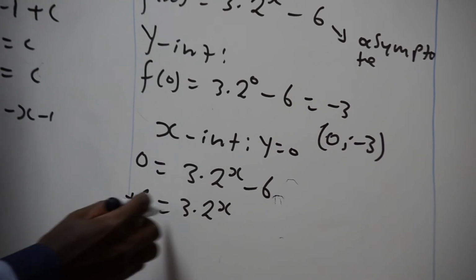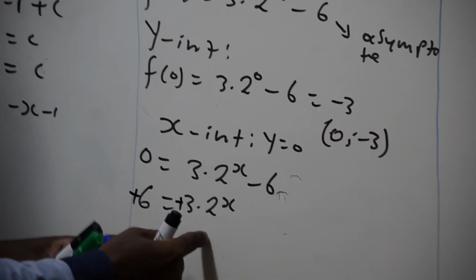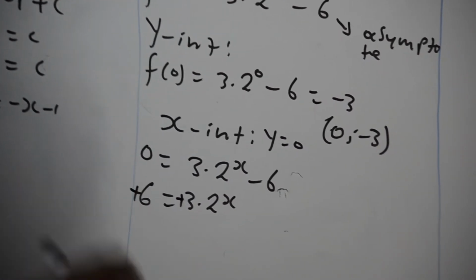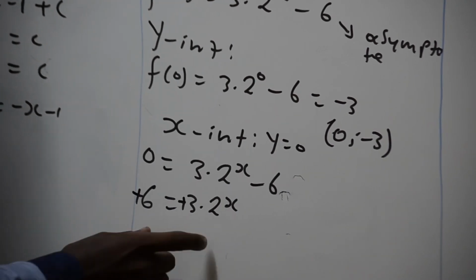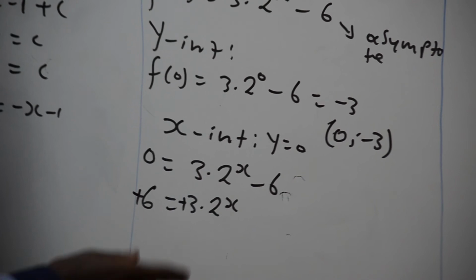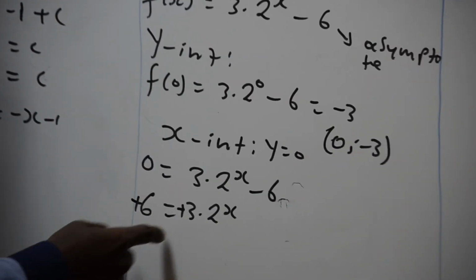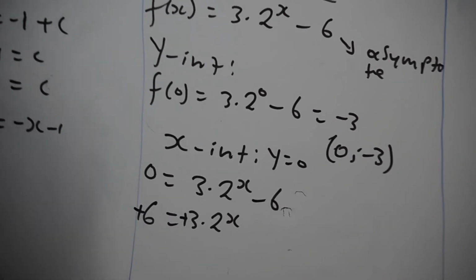and a positive 3 times 2 to the power x, I will have a solution. If the numbers are different, positive and negative, forget about a solution. There is no solution in that case. If signs are the same, there is a solution. If signs are different, there is no solution. If both are negative, there is also a solution.